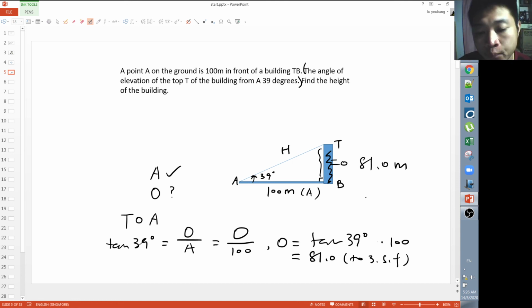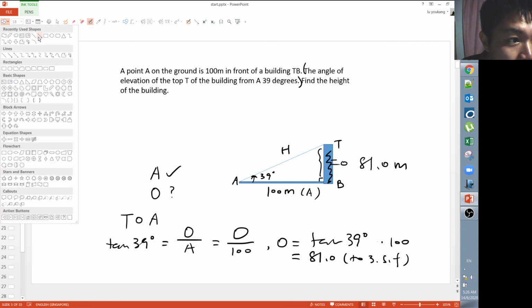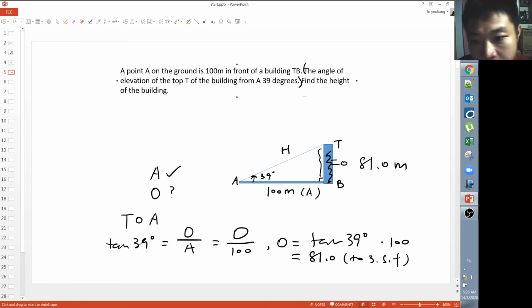Over here you can also have your angle of depression. Let me tell you where your angle of depression is in this case. If this is your point T, draw your horizontal line here.